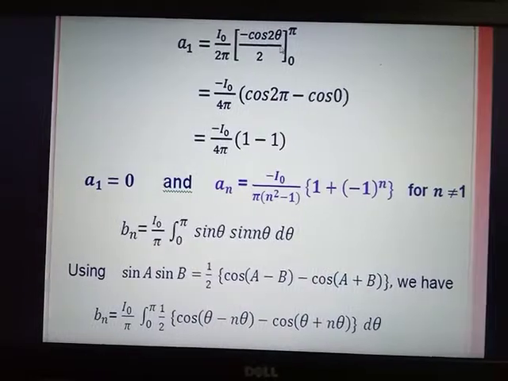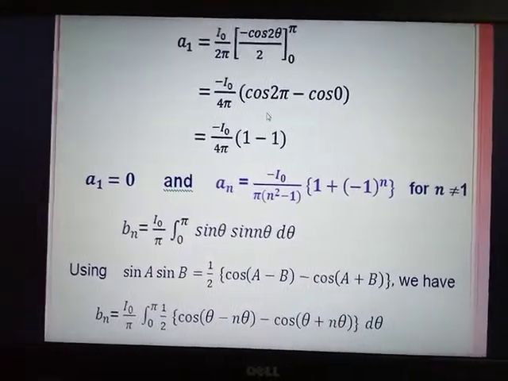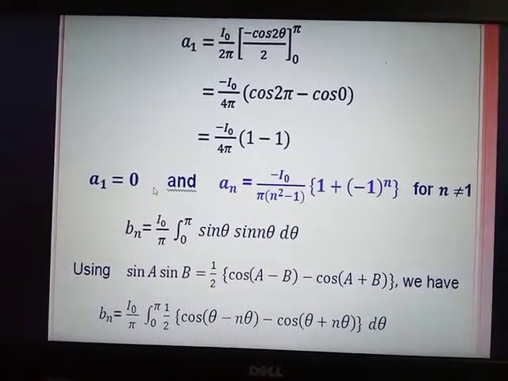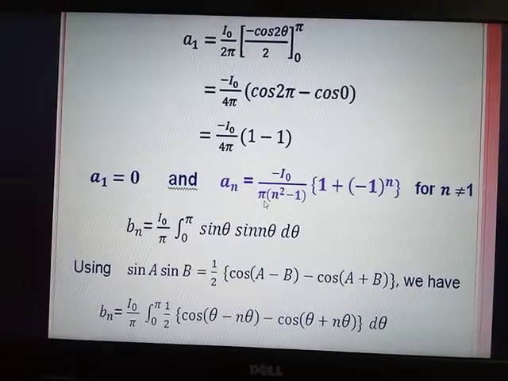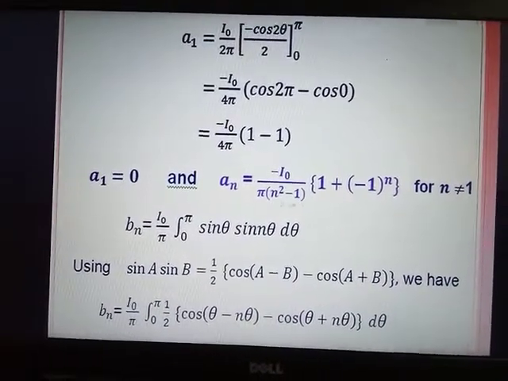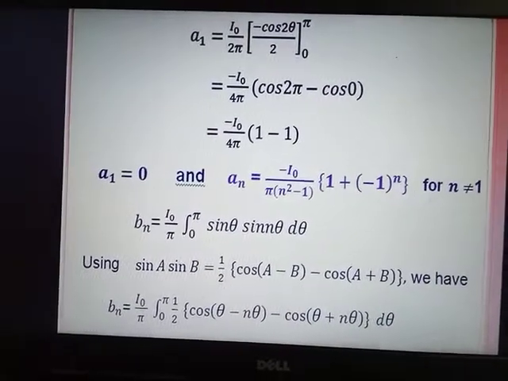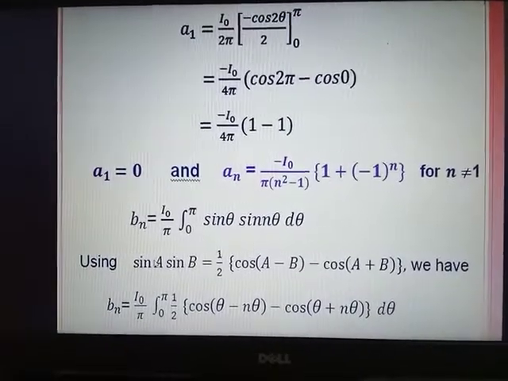Then apply limits: cos 2π minus cos 0. Cos 2π value is 1, 1 minus 1 is 0. Therefore, a_1 value is 0, and a_n is equal to minus I_0 by π into n squared minus 1, into 1 plus minus 1 raised to n, for n not equal to 1. Now we have to find b_n.